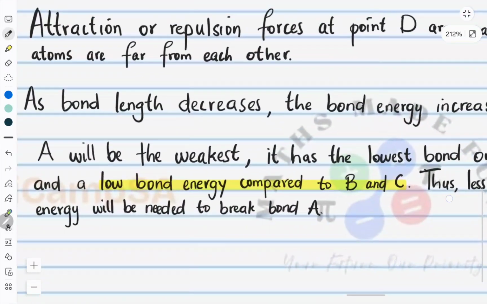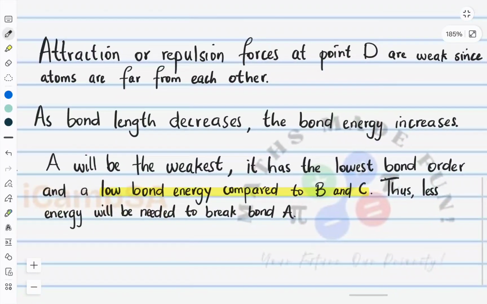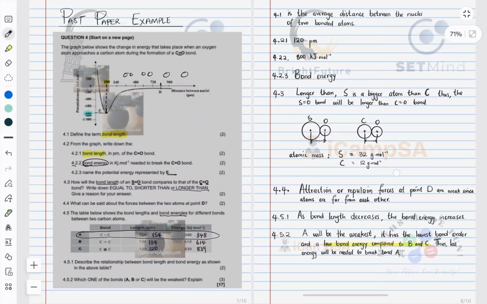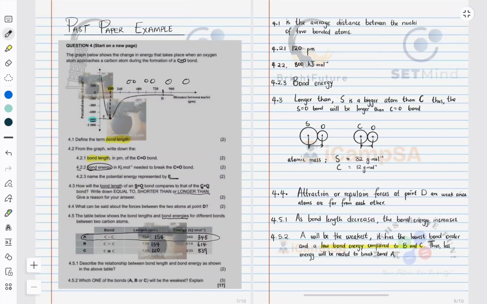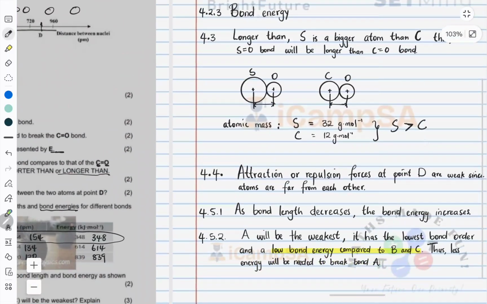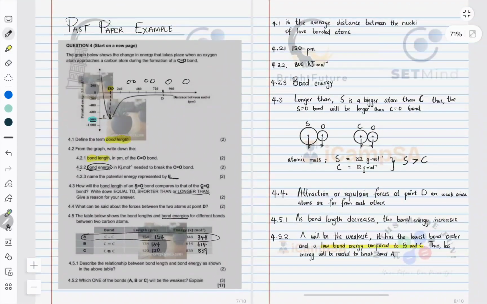So A will be the weakest because it has the lowest bond order and a lower bond energy compared to B and C. Therefore, less energy will be needed to break bond A compared to the other ones. So that's how you would approach a question like this.